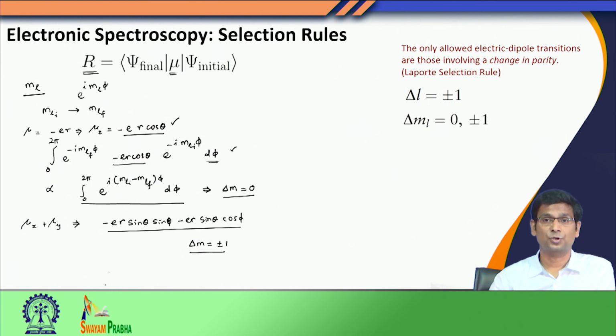Under that approximation, when there is no spin orbit coupling, or when the spin orbit coupling is negligible and we can ignore it, there exists another selection rule: the transition will not involve a change in the spin multiplicity. That means, if we are in a singlet state, we would always go to another singlet state, or if we are in a triplet state, we will always go to another triplet state. The spin multiplicity should remain conserved during the transition.